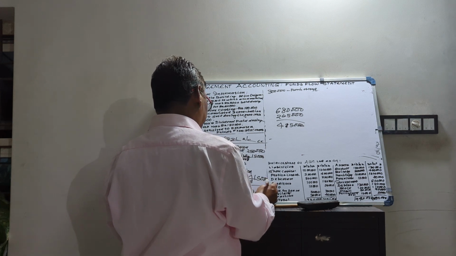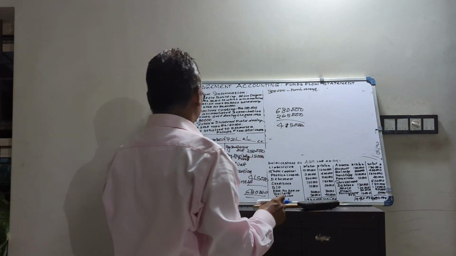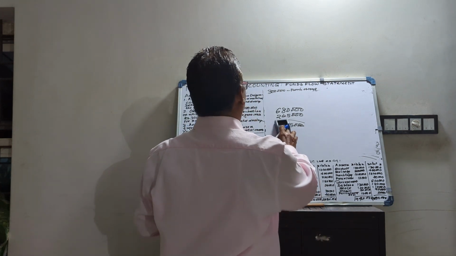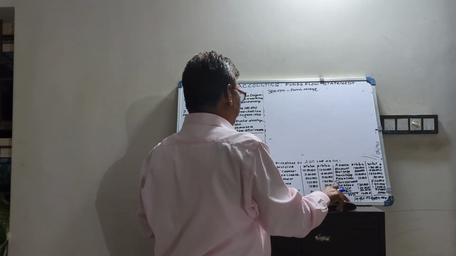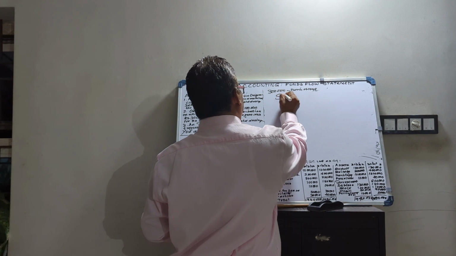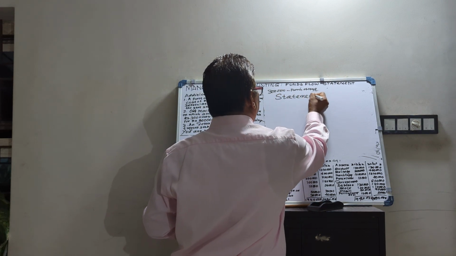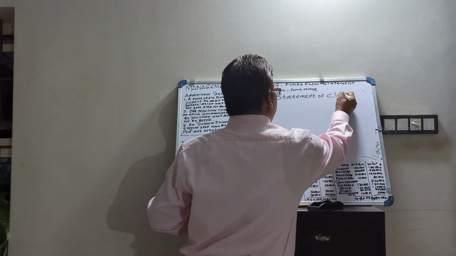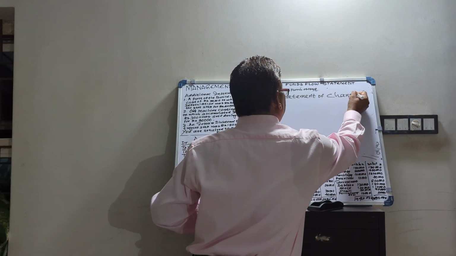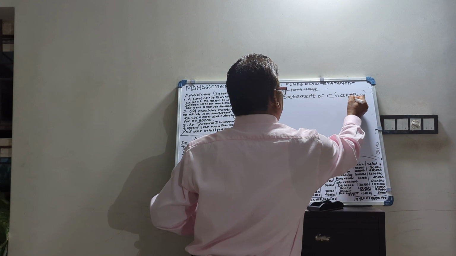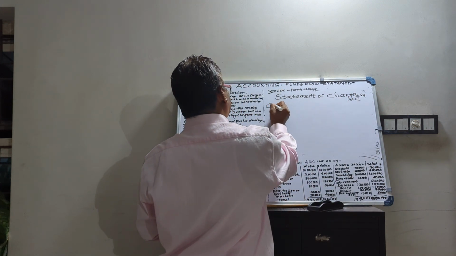Now we have done the adjusted profit and loss. Then we will do the statement of changes in working capital. First we write current assets.